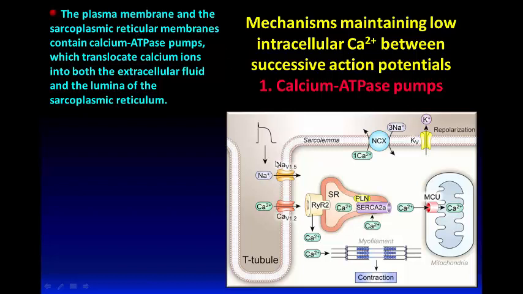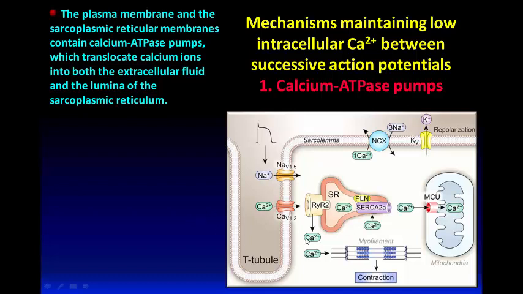So the plasma membrane, the sarcolemma, and the sarcoplasmic reticular membranes contain calcium ATPase pumps which translocate calcium ions back into both the extracellular fluid and the lumina of the sarcoplasmic reticulum. And these are ATPase pumps because the calcium ions are transported against their concentration gradient.